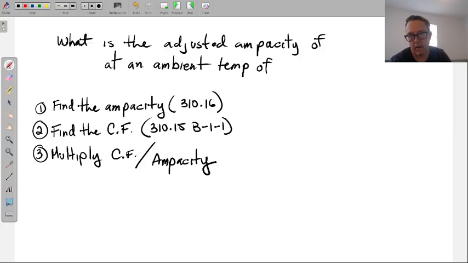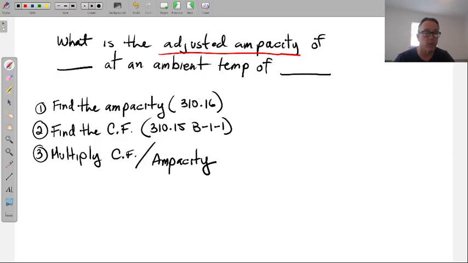What is the adjusted ampacity of, and this should be blank here, a wire that I'm going to give us, at an ambient temperature of a temperature that I'm going to factor into the question.